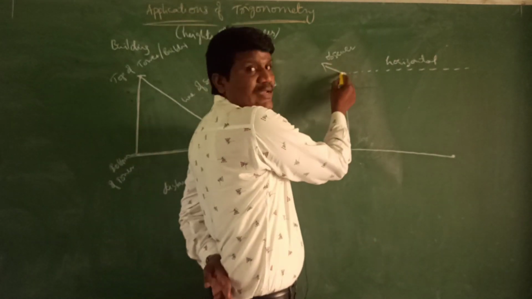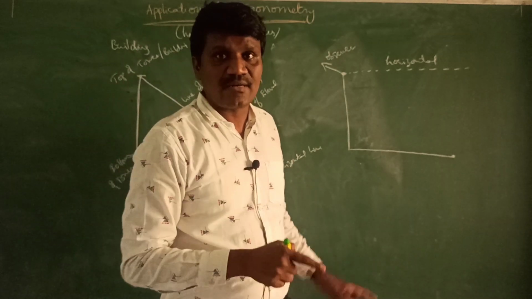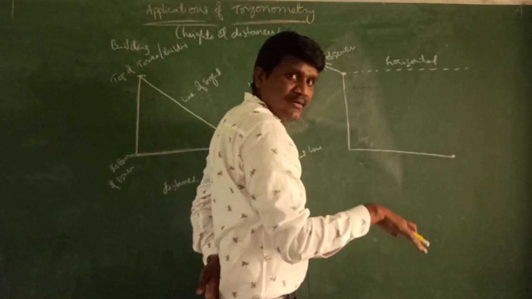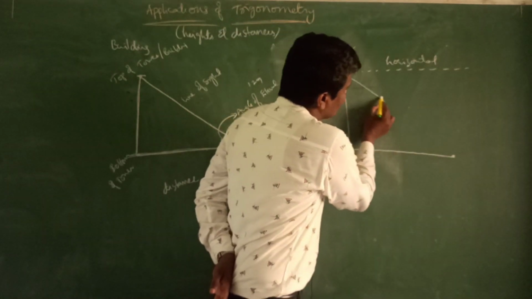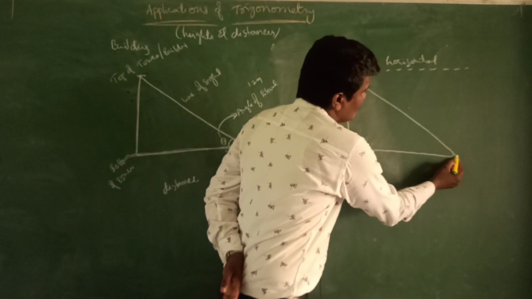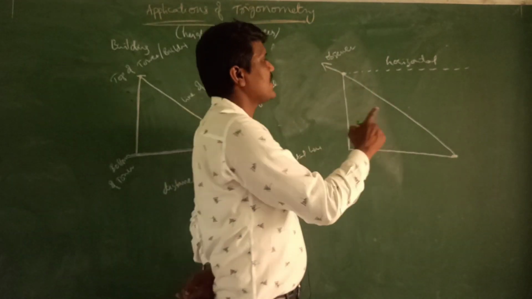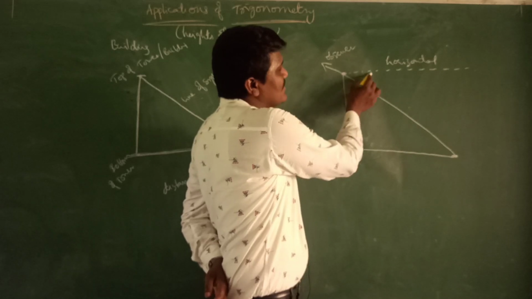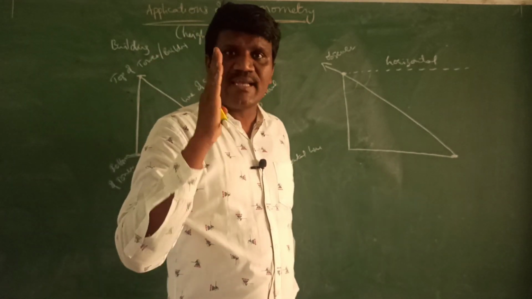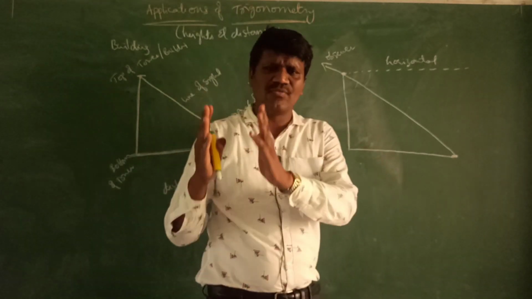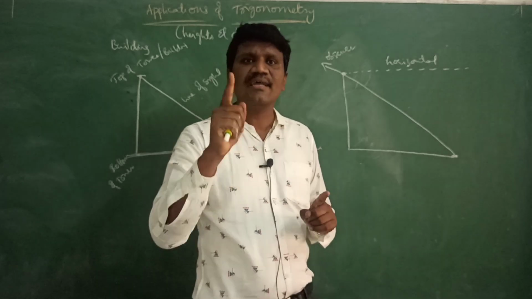Suppose from here, if he watches upside, that will be the angle of elevation. If he watches downside, that will be the angle of depression. So suppose from here he watches like this, so this is the angle of elevation. Now, either angle of elevation or angle of depression always lies between the horizontal line and the line of sight.